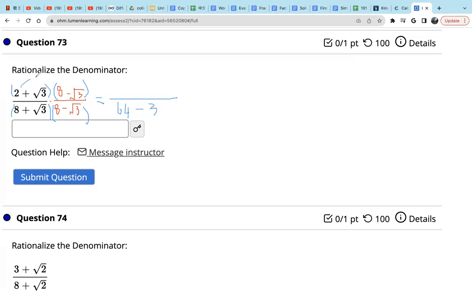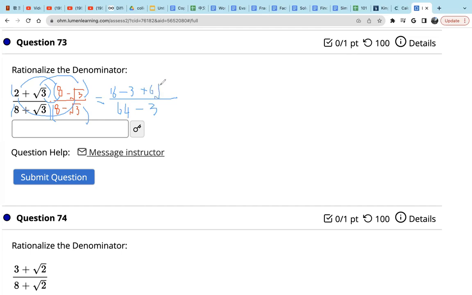The numerator, we FOIL it. 2 times 8, 16. Then square root of 3 times square root of 3, just 3. Minus 3. Then multiply the middle two, we have a radical 3. Multiply these two, get a -2 radical 3. So together we have 6 radical 3, right?